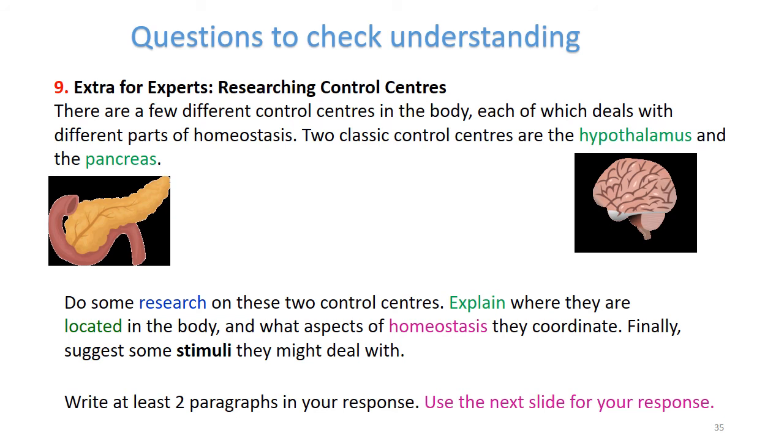Do some research on these 2 control centres. Explain where they are located in the body and what aspects of homeostasis they coordinate. Finally, suggest some stimuli they might deal with. Write at least 2 paragraphs in your response. Use the next slide for your response.